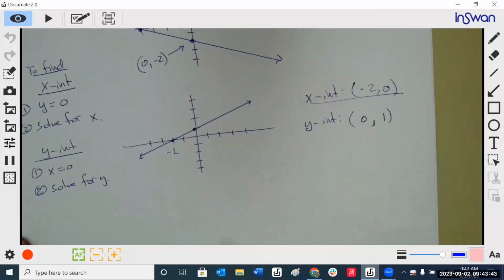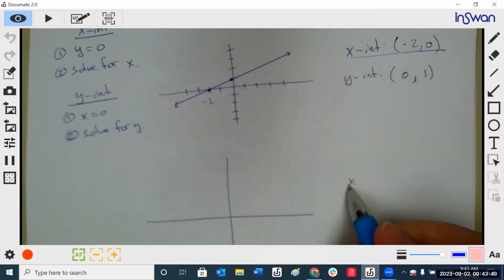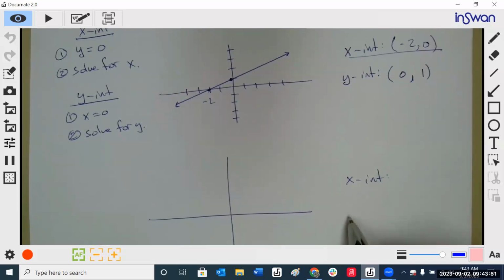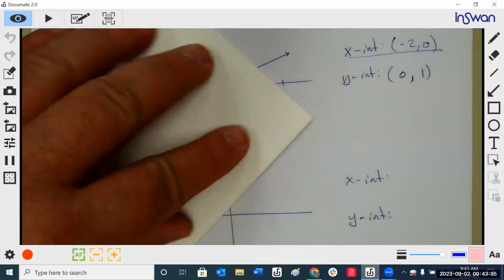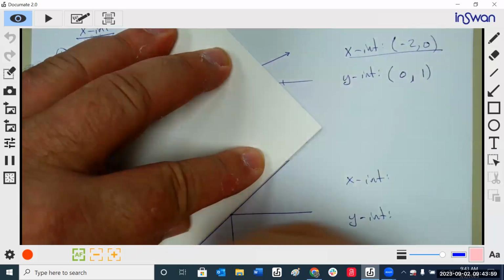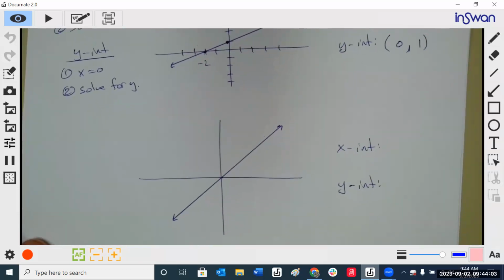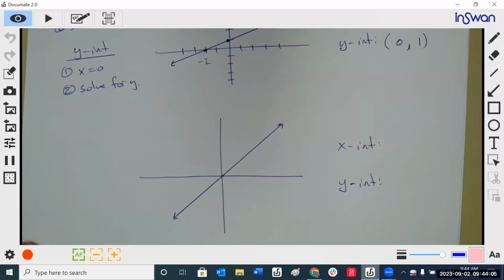Oh, I have one more graph, actually. There. What's the x-intercept? What's the y-intercept?